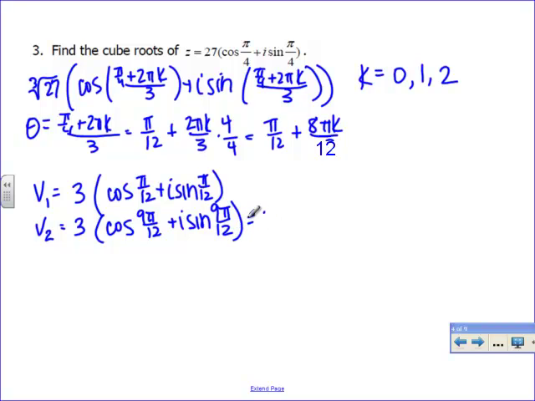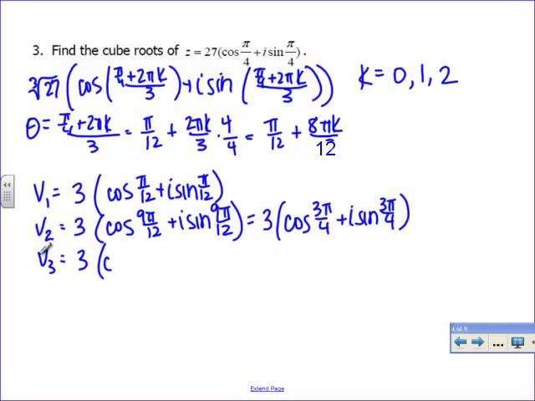They're both divisible by 3, so that's cosine 3 pi over 4 plus i sine 3 pi over 4. Okay, then our third and final answer, I add 8 again. 8 plus 9 is 17. That's definitely not going to reduce. 17 pi over 12 plus i sine of 17 pi over 12.